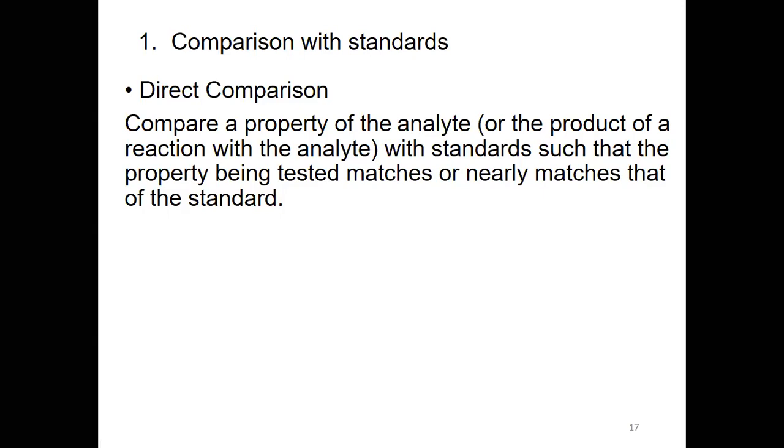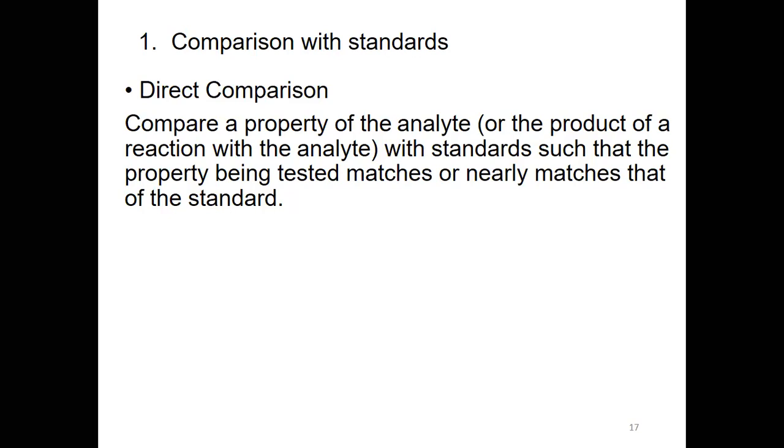Suppose we have some colored compound, and we want to determine the concentration using colorimetry. In the direct comparison, we take a standard of the colored compound, and for that standard, we know the exact concentration.